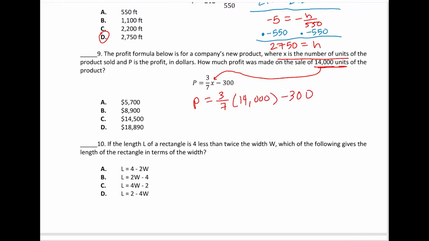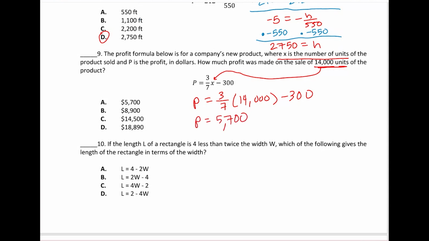The P, the profit, is what you're looking for, and that is actually already isolated. So we don't need to use any properties of equality or really rearrange this at all. We're just going to type in that expression into the calculator. So I've got 3/7 times 14,000 minus 300 is 5,700.